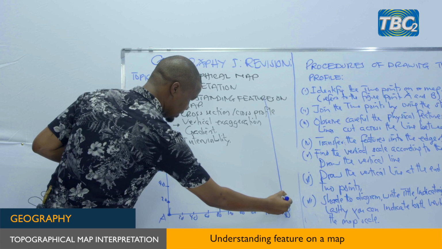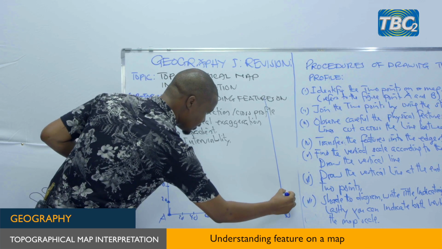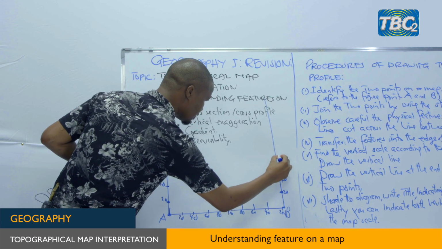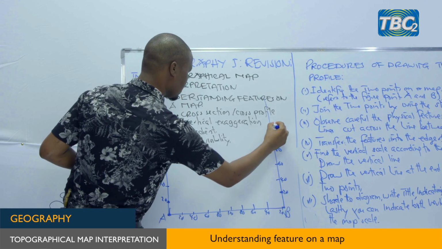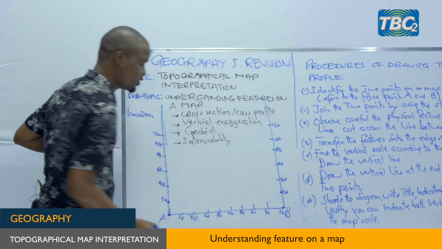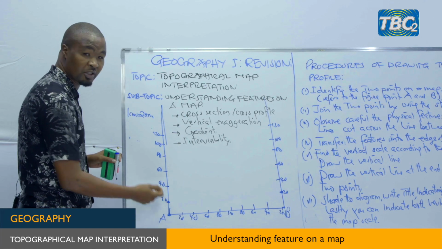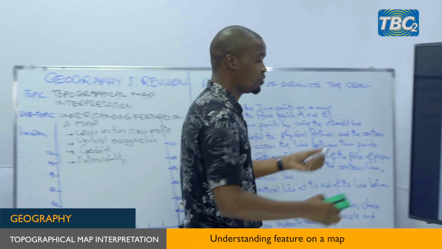So you mark it the same on both sides: 20, 60, 80, 100, 120. The other one may decide to draw 1 centimeter is equal to 40 meters. It will be the same.